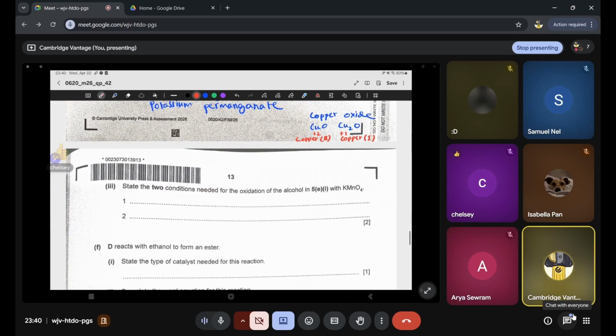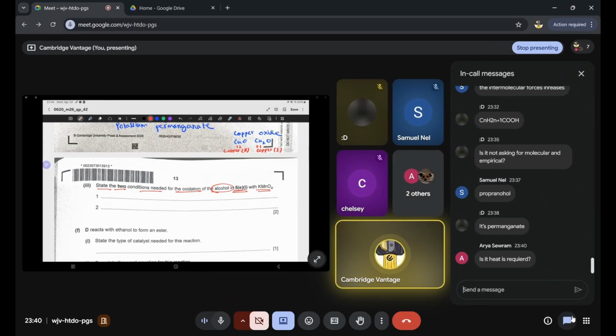Okay. Next part. State the two conditions needed for oxidation of alcohol in 5E1 with KMnO4. Arya, can you answer the first one? What should be the condition?